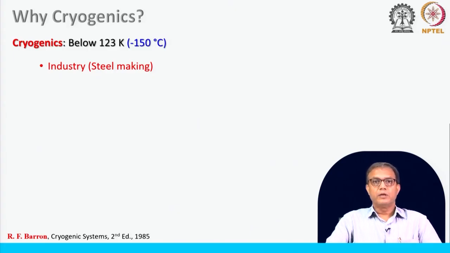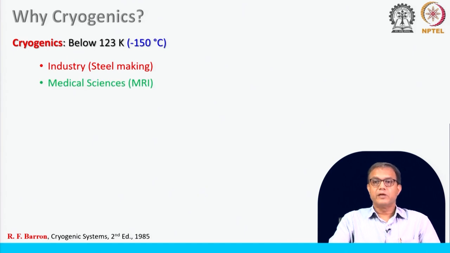In large or tonnage steel making, you will find there is enormous application of cryogenics. Whenever steel is made, it needs oxygen. That oxygen comes from air separation, where you need large cryogenic engineering applications.